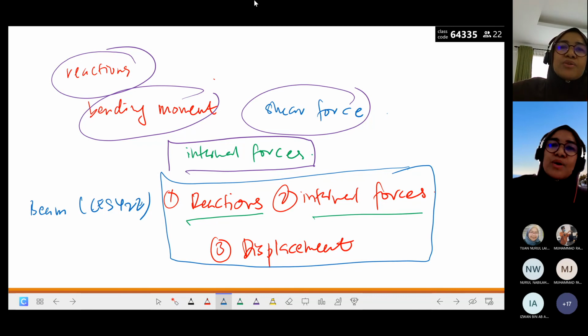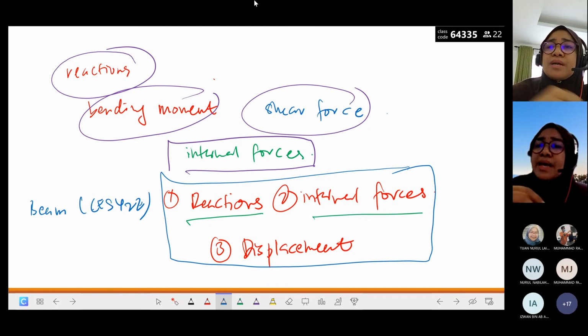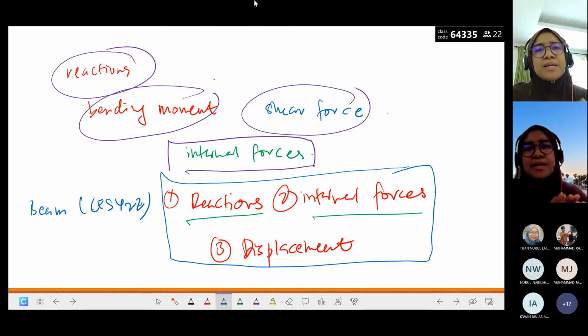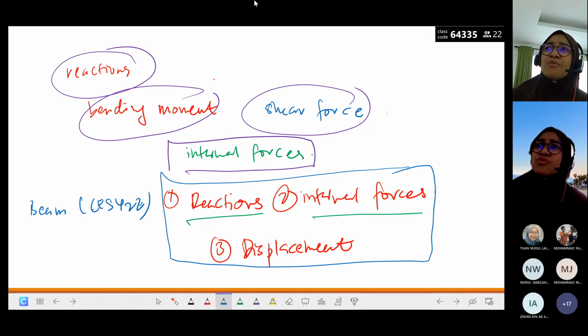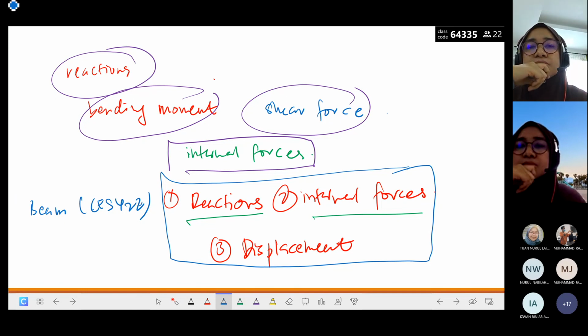Where does the moment equation come from? It comes from the bending moment, because the bending moment is internal forces. So to calculate displacement, you need to understand how to write the moment equation, which is part of internal forces.